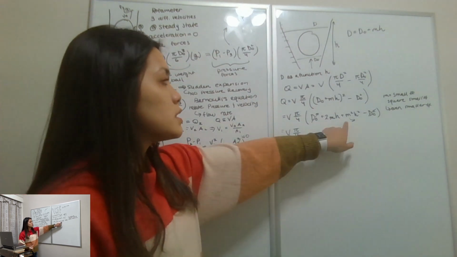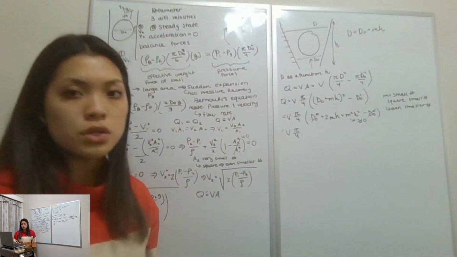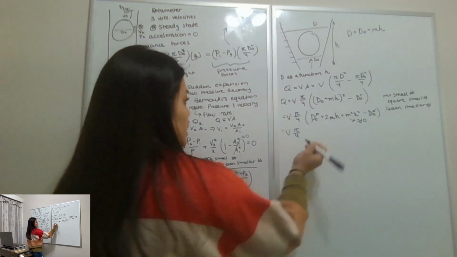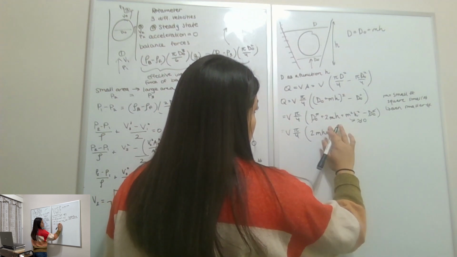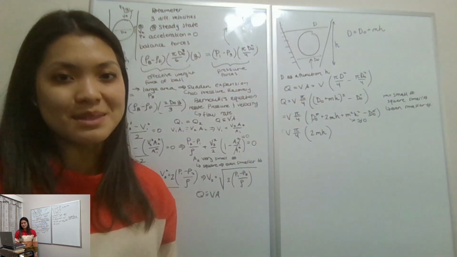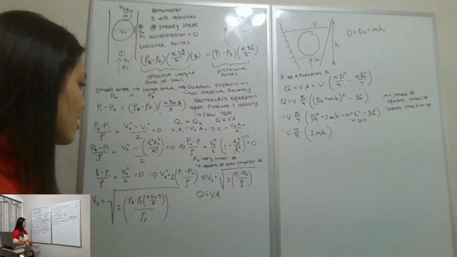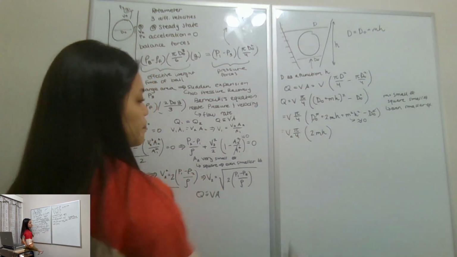Because the slope is getting squared, we can assume it's going to be 0. So we'll be left with 2 times the slope times the height, plus nothing, just 2 times the slope times the height. And this velocity here is going to be the velocity at position 2.